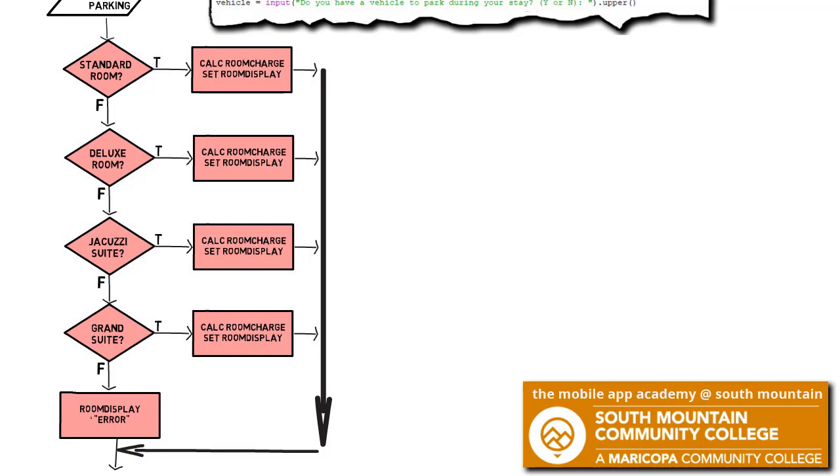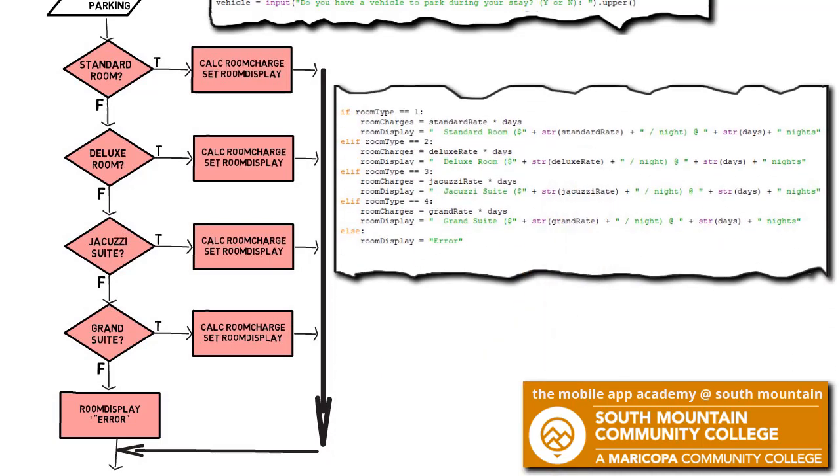and then use that in our output to determine what we should show. Let's take a look at the coding of this if, elif, else structure that looks at which room is chosen.